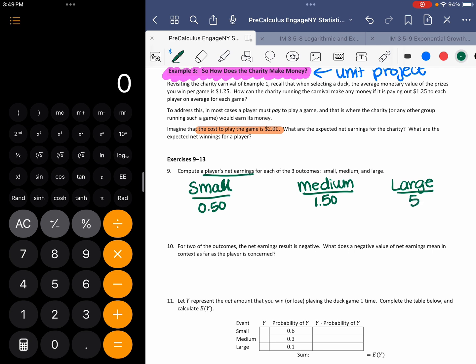So when I'm saying I need you to compute a player's net earnings, what that means is if the cost to play the game was $2, we're subtracting $2 from each of these options. So the net winnings, if a player paid $2 but only won 50 cents, then net they lost $1.50.